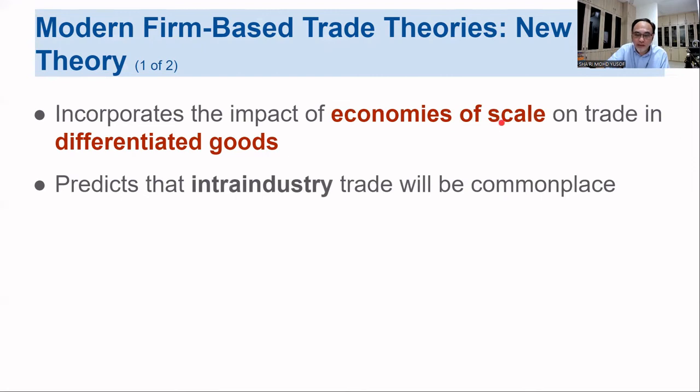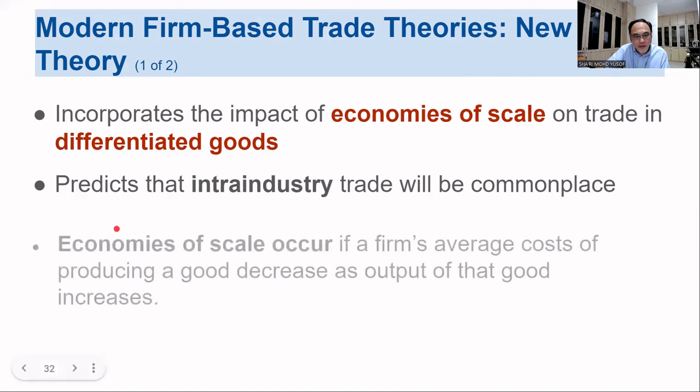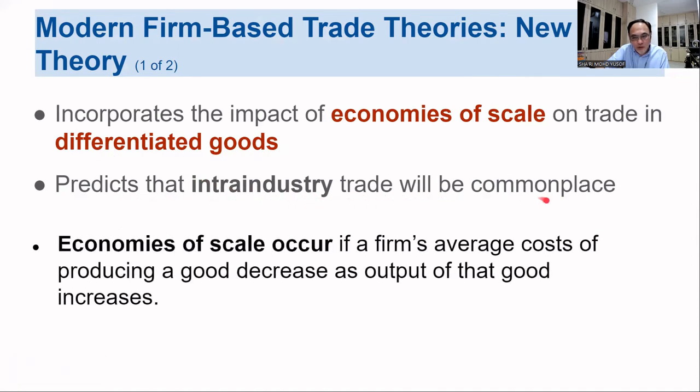So he predicts that intra-industry trade will be commonplace, and economies of scale occur if a firm's average cost of producing a good decreases as output of that good increases.